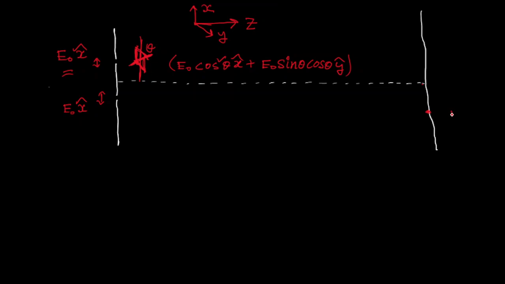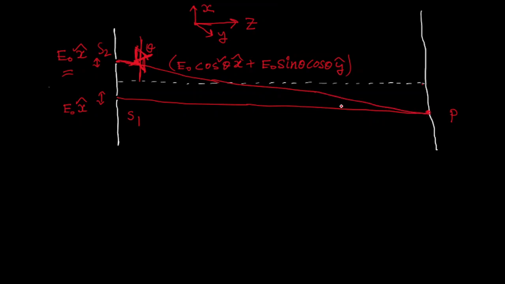For that, consider a point on the screen, let's say this point P. Light will come directly from this source, let's say this is source S1, and this is the second source, S2. But here the light will first pass through the polarizer and then come to the point P. So what will be the net electric field at point P?